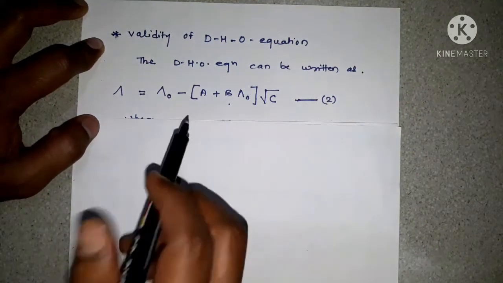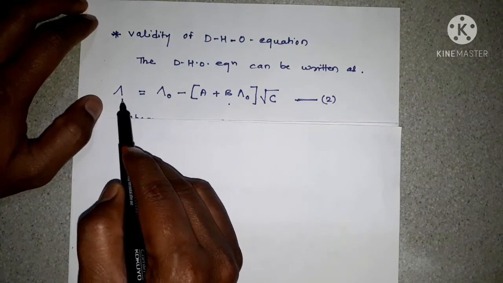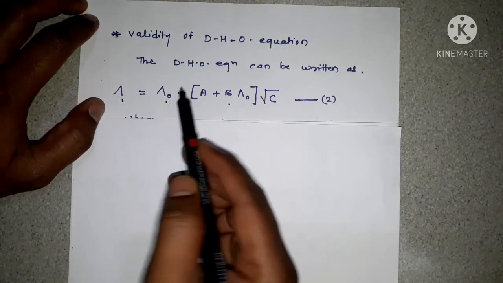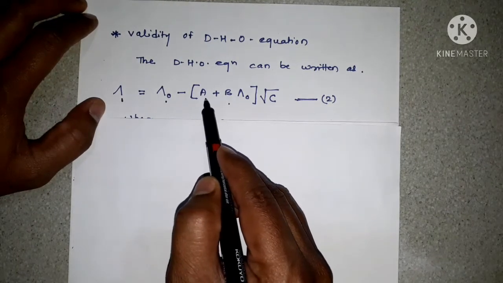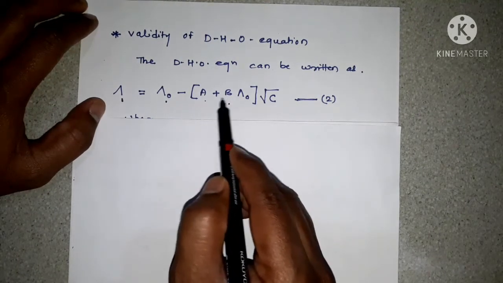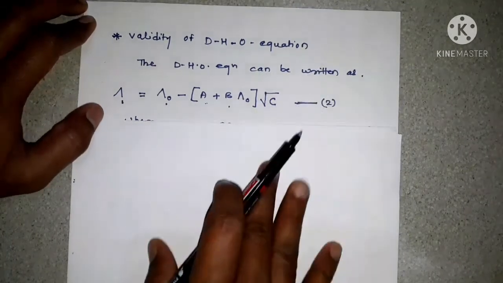As we know, cap means molar conductivity, cap 0 means molar conductivity at infinite dilution, and A and B are constants.